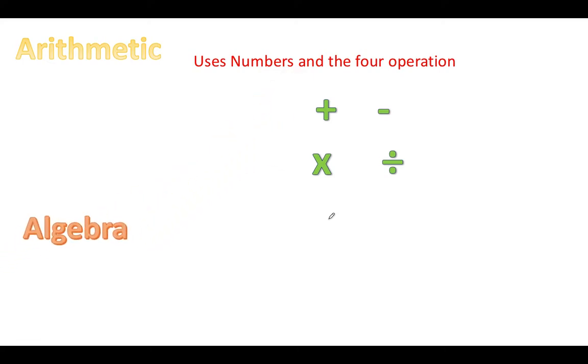Now comes algebra. Algebra uses the numbers and the four operations along with symbols, which are called variables. So we have something extra in algebra, that is the symbols, and we usually use the letters of the English alphabet as the variables. Now let us see an example like 3 plus 7 is equal to x.